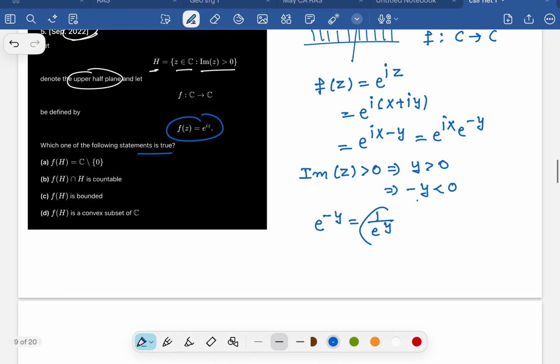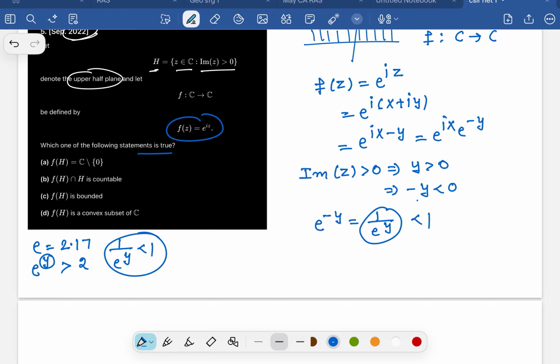Can I say that this is less than 1? Obviously, because the value of e is 2.17 something, and if you take e to the power y, y being any positive number, it is definitely greater than 1. Now when you take 1 upon e to the power y, it will remain less than 1, because the number below is greater than 1. So 1 upon e to the power y is less than 1.